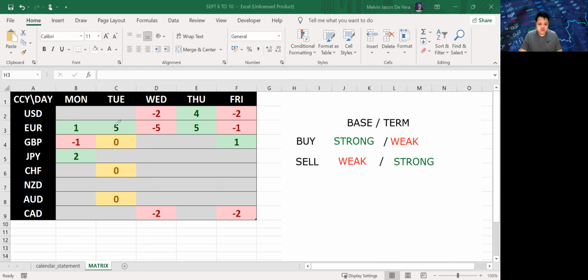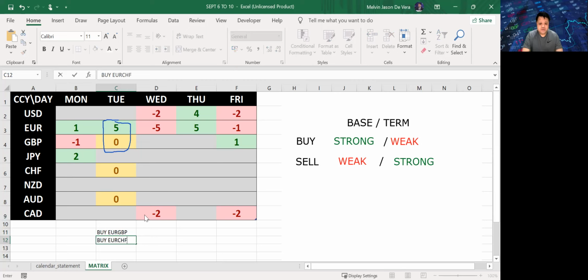So let's say dito, si Euro tsaka si GBP, pwedeng dito ay buy Euro GBP para sa Martes. Pwede ka rin mag-buy Euro CHF na buy Euro AUD. Alright? Why? Because strong euro, okay, neutral pound, neutral franc, neutral AUD.